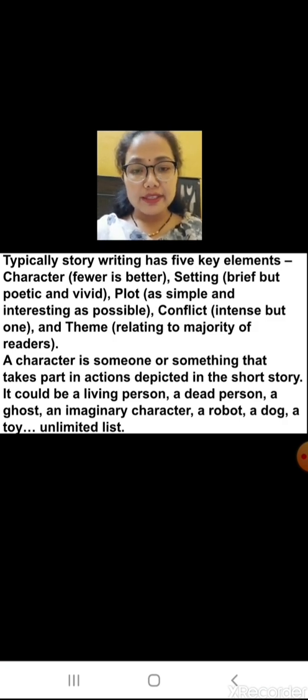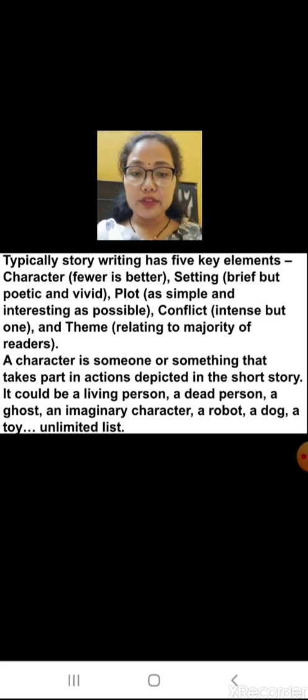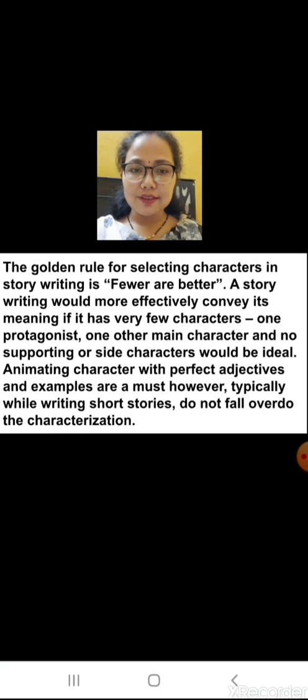So a character is someone or something that takes part in actions depicted in the short story. It could be a living person, a dead person, a ghost, an imaginary character, a robot, a dog, a toy, or there can be an unlimited list.